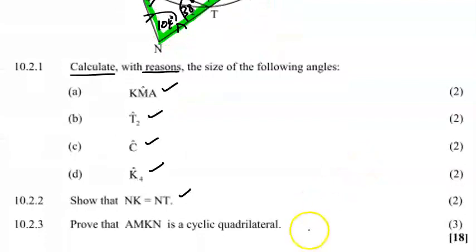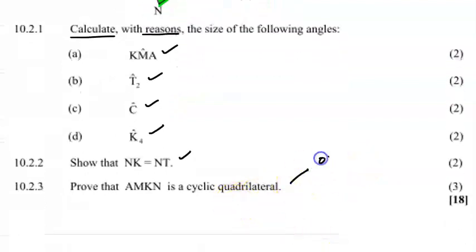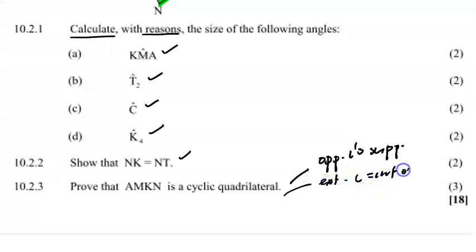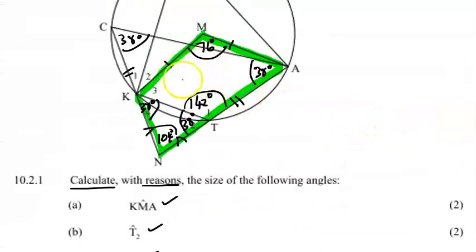So once again, in order for you to prove a cyclic quadrilateral, you've got to prove its properties: opposite angles supplementary, exterior angle equals the interior opposite angle, and a line in a cyclic quad subtends equal angles. So you've got three ways to prove a cyclic quad.